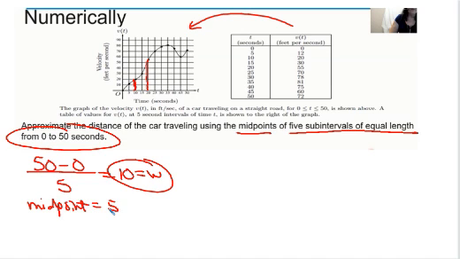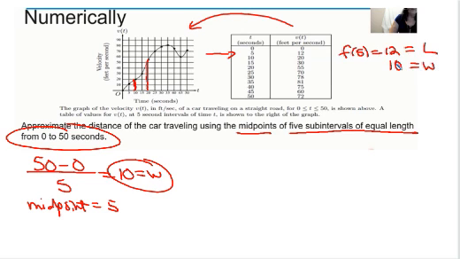This problem looks challenging, but they actually saved us a whole bunch of flipping work because they gave us all of these midpoint values. The value at 5, f of 5 equals 12. That's going to be the length of that first rectangle. The width for all of them, we already found out, is 10.